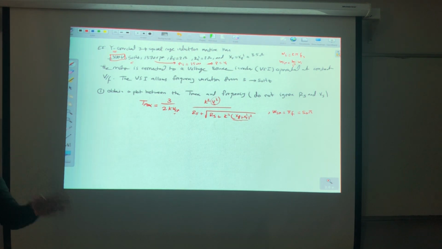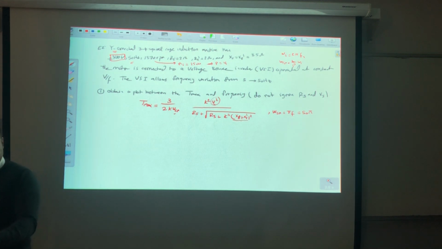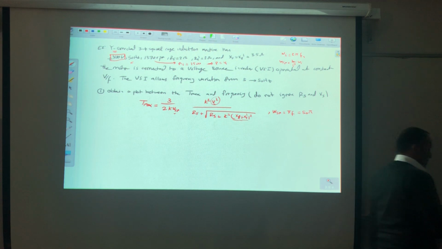For a three-phase system, the nameplate is given such that it shows the line to line RMS value. So what's the relation between the line to line RMS value and the phase? Over square root of 3. Squared, it will be 3. So 3 will cancel 3.